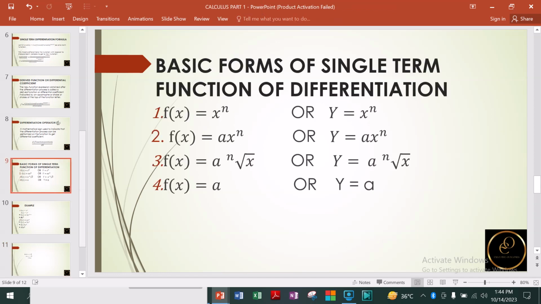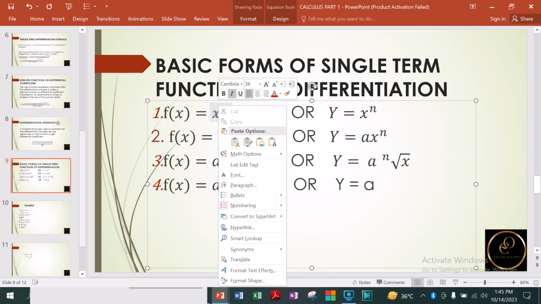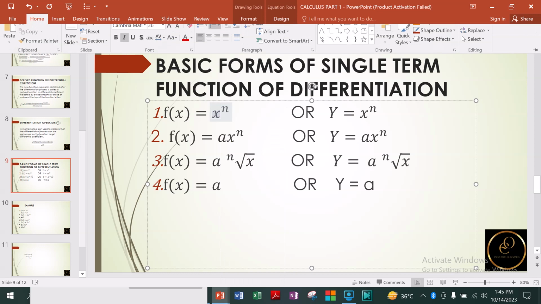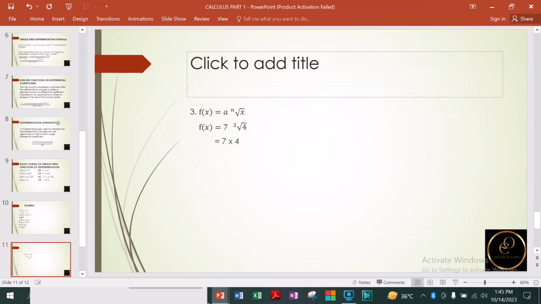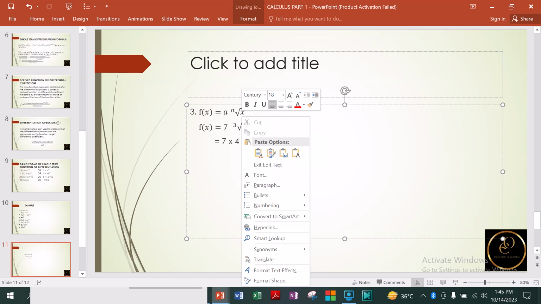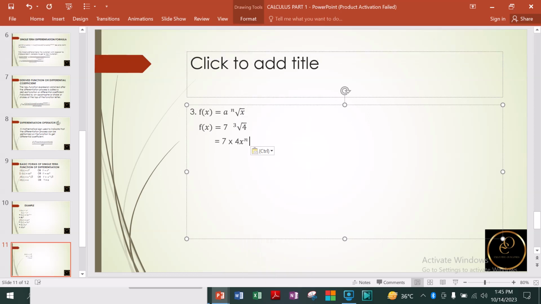So let me just show you. Four raised to power 1/3. So I want this one.